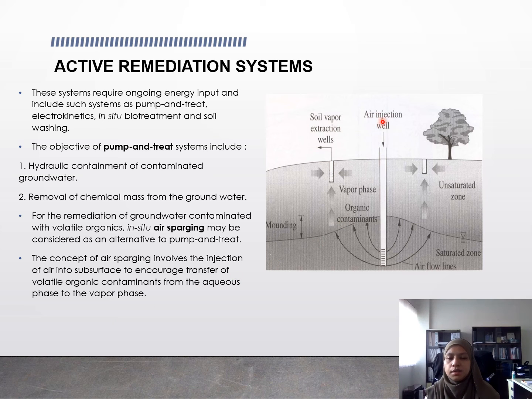So the air goes through the injection well, and the volatile contaminants go to the vapor phase. For in situ biotreatment, biotreatment means they use microorganisms to do the treatment. Here they inoculate the microorganisms into the water, then pump it inside the soil to treat the groundwater.